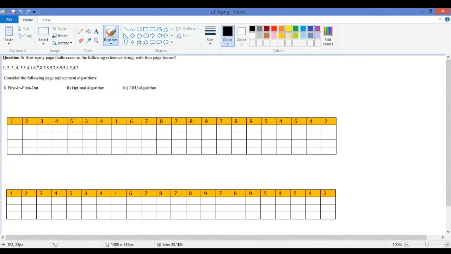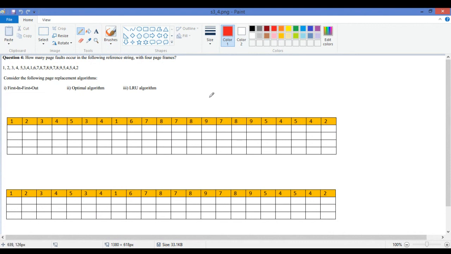How many page faults occur in the following reference string with 4 page frames? Okay, and he has given the reference string. I have just written the entire reference string here. If you count, it is 1, 2, 3, up to 22.